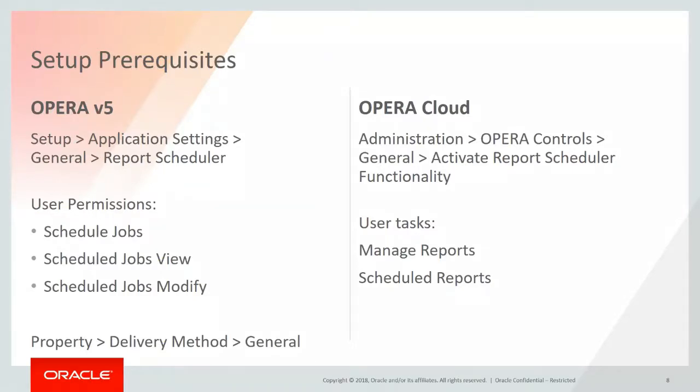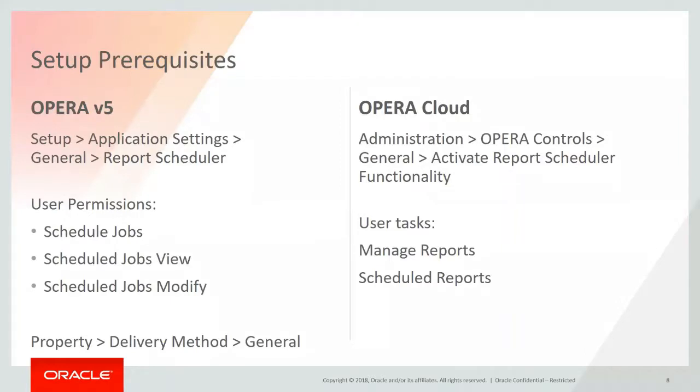Furthermore, a user will need to have the permissions listed on the slide to be able to create and manage scheduled reports. And finally, if you wish to use email delivery for your reports, you will need to enter a delivery method on the path Property, Delivery Method, General. Those are all requirements in the configuration part of Opera.